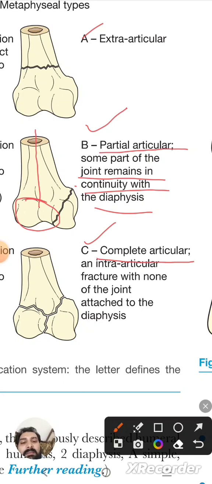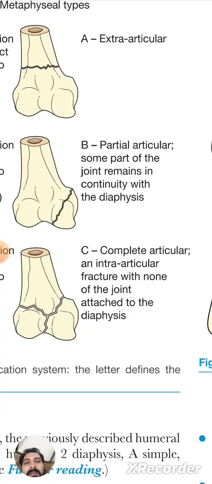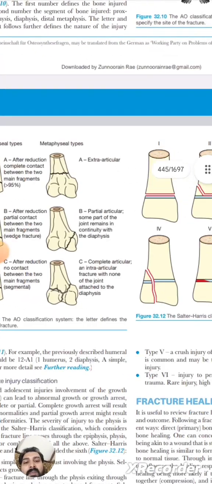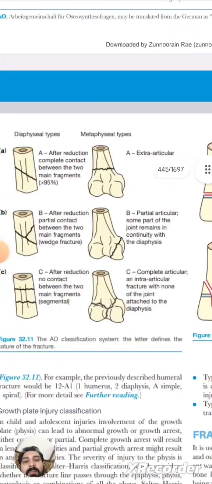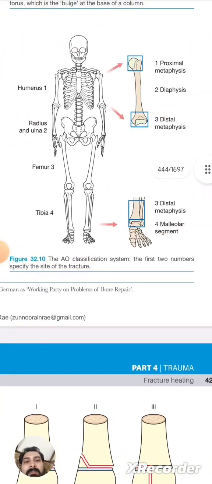And when there is no contact between the metaphysis and diaphysis, between the articular cartilage and the diaphysis, it is complete articular. It is given C. So let's elaborate with some examples.